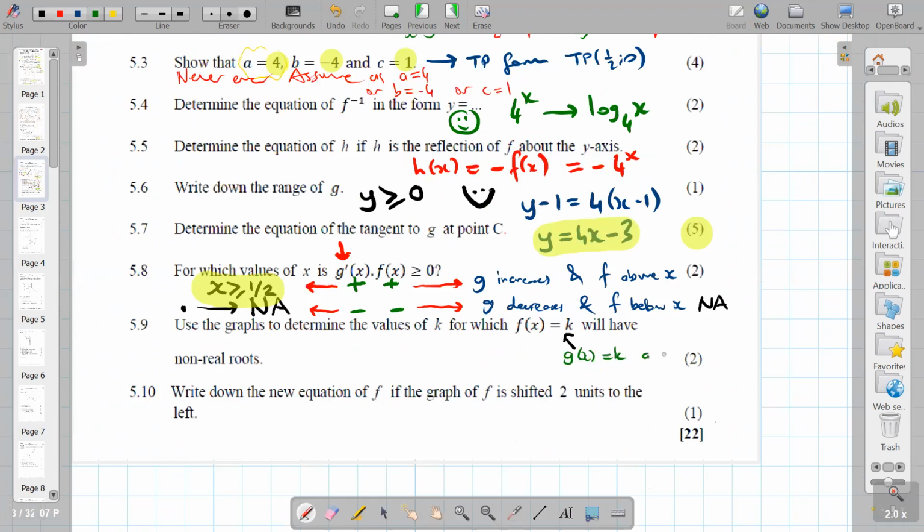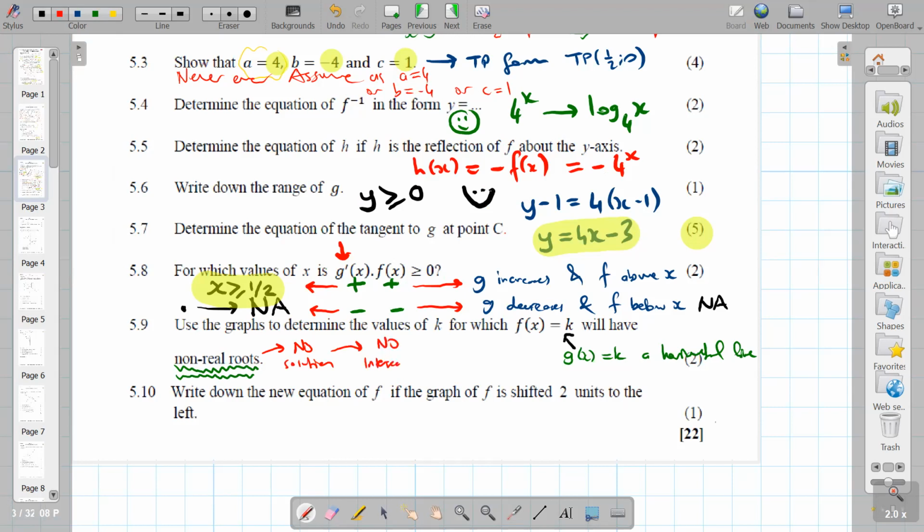Non-real roots means no solution, and in the meaning of the graph, it means no intersection.